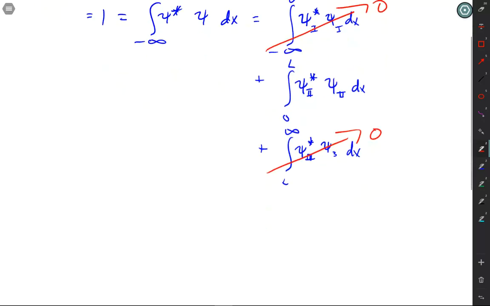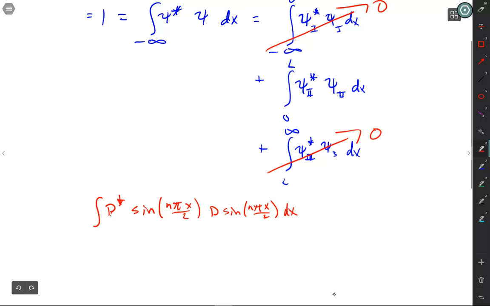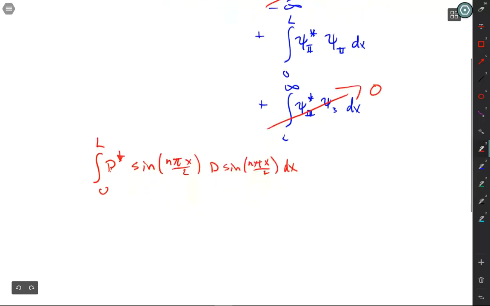So now we have to do that integral. Integral of D star times sine of n pi x over L times D sine of n pi x over L dx from 0 to L, which is going to be D mod squared, integral of sine squared n pi x over L dx from 0 to L. Now notice I kept n in here.